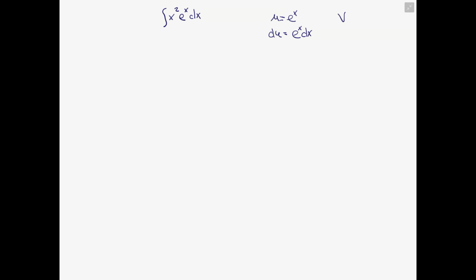So u equals e to the x, du equals e to the x dx. v equals, let's try x to the third, dv equals 3x squared dx. Let's just give that a try.